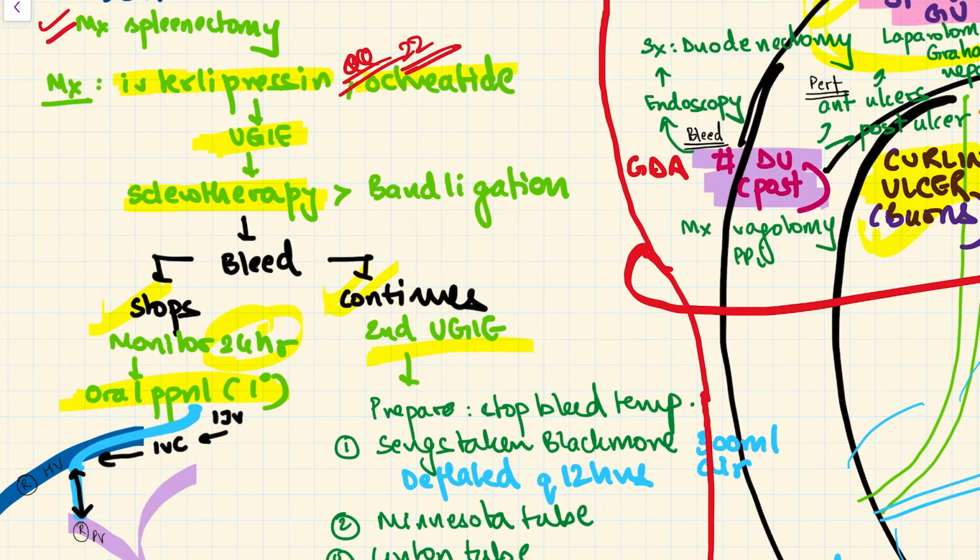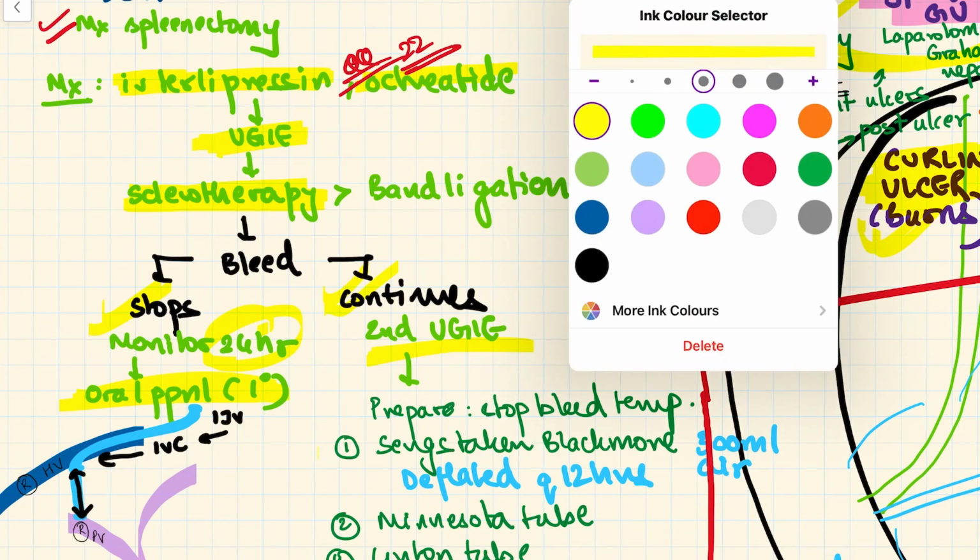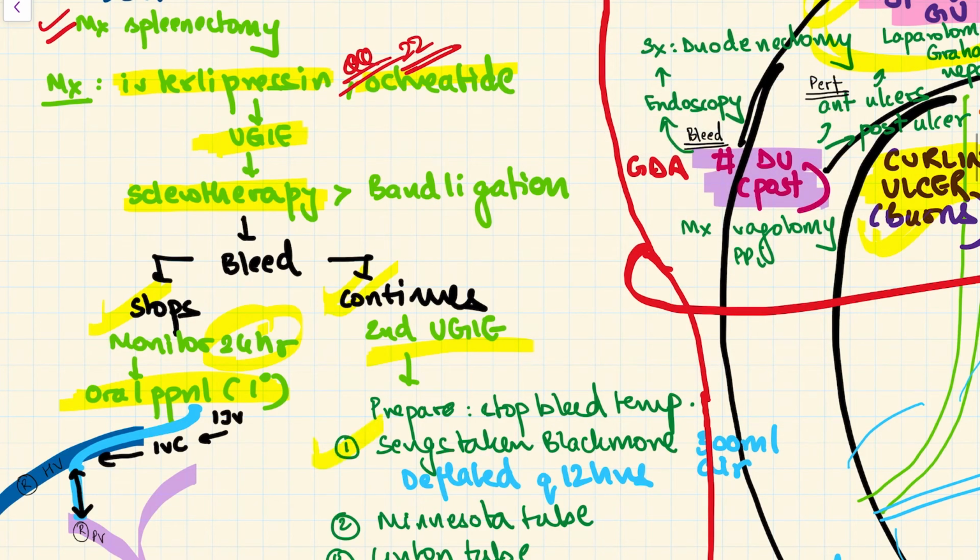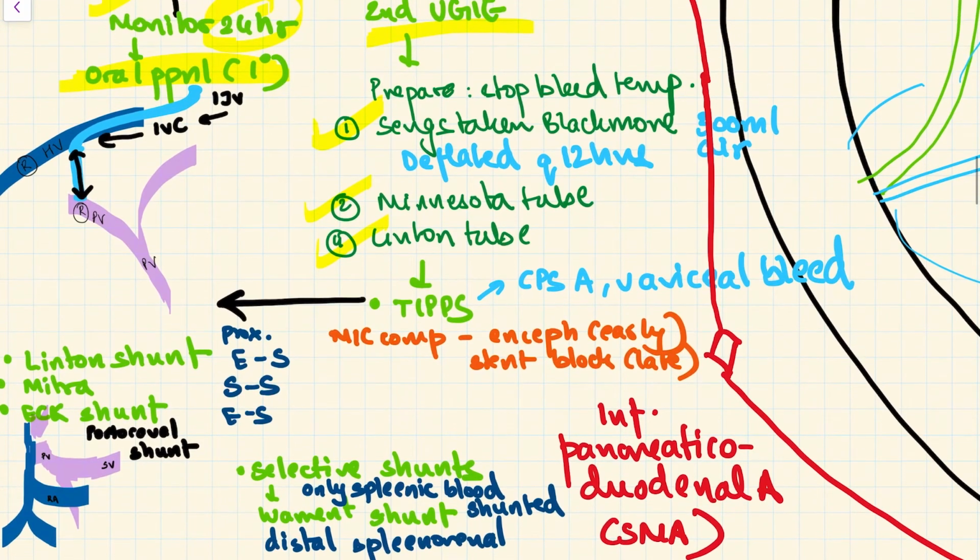And we can use some devices like the Sengstaken-Blakemore balloon, Minnesota tube, and the Linton tube. Listen, these devices are just a temporary method, or you can say they are bridge methods to stop the bleeding, right, till the patient is transferred to surgery and a definitive procedure like TIPS can be performed.